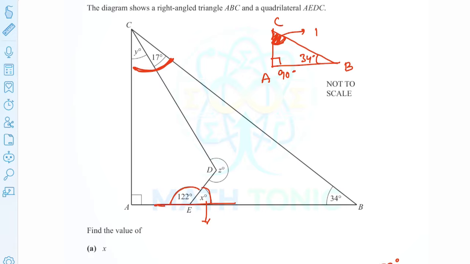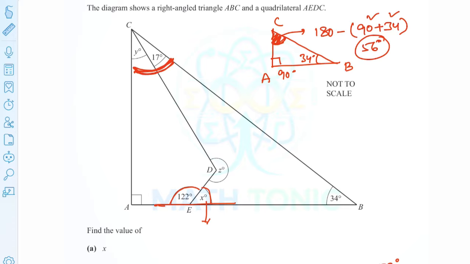So we know that three angles add up to 180. So 180 minus 90 plus 34. If you do this, I think you will get this answer as 56 degrees, because 90 plus 34 is 124. So 180 minus 124 equals 56 degrees. What does it mean?